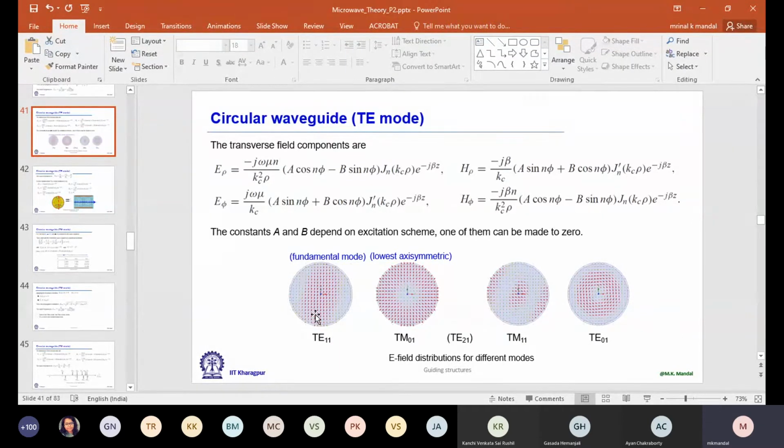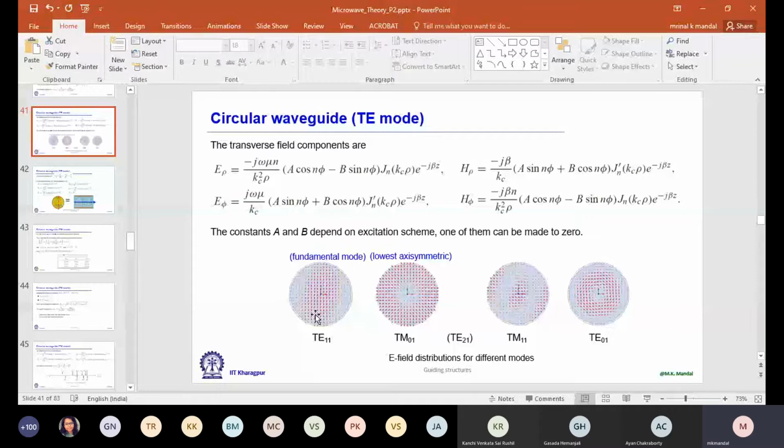Okay, so if I compare this electric field diagram with the parallel plate case, then for TE01, the rightmost figure, you see the maximum electric field component is not touching the metal surface. So on the metal surface, where it becomes tangential, it should be 0.